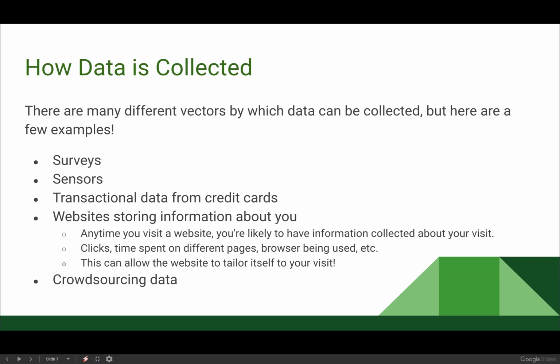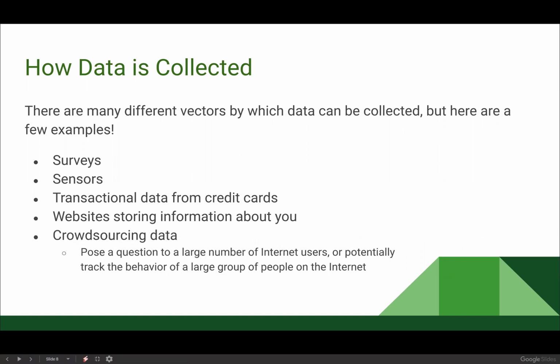There are many more forms than these, but our last example is crowdsourcing data. This is going to be very similar to a survey, except we're just going to pose a single question to a whole bunch of internet users. We could send out a poll on Twitter and say, just answer this one question, and we can get a whole bunch of different people to answer it.